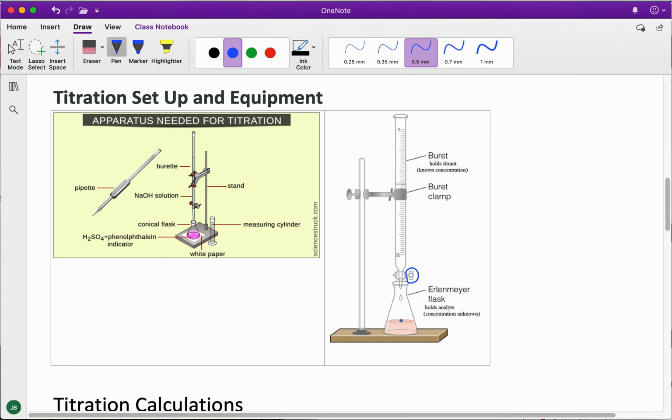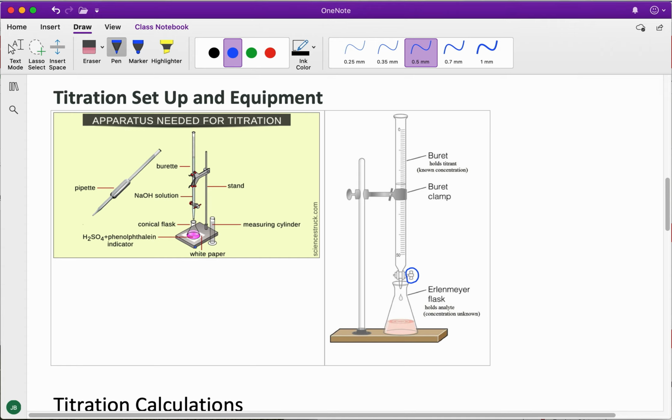So you put a drop in there, pick up the flask, swirl, swirl, swirl, then do the same thing. Open up the stopcock or valve, let some more of the known concentration drip into your flask, shut it off, swirl, swirl, swirl, and see if the color change persists or not.